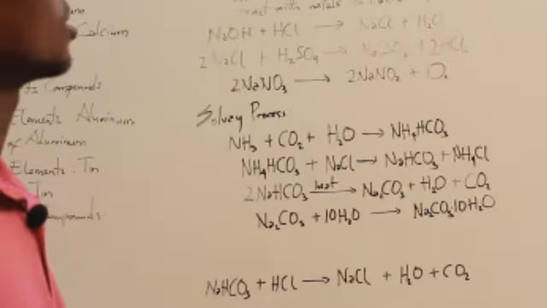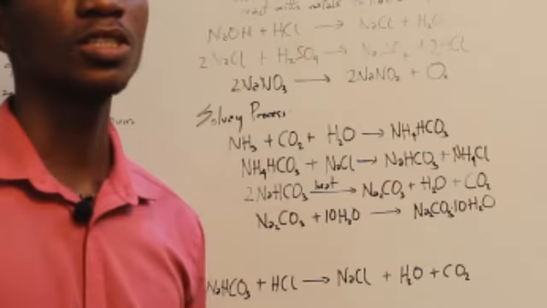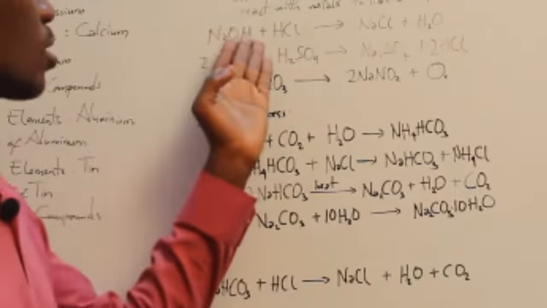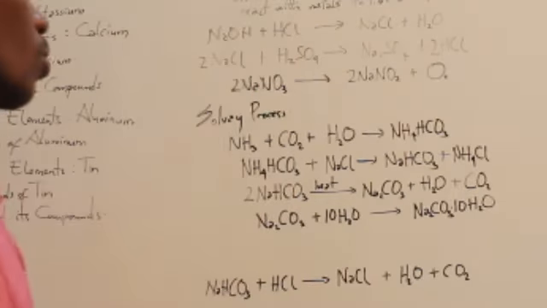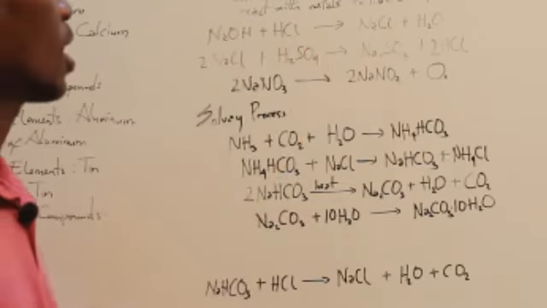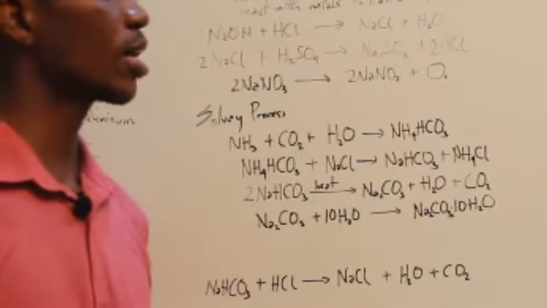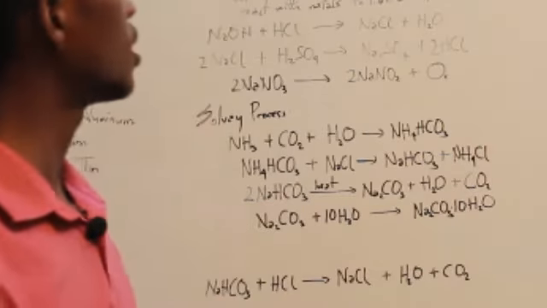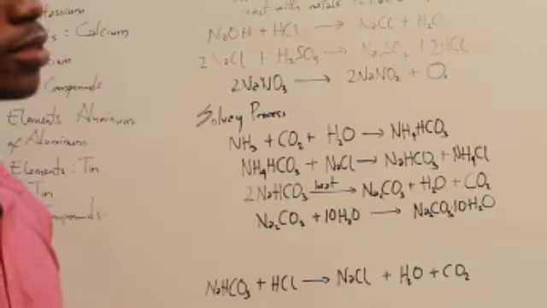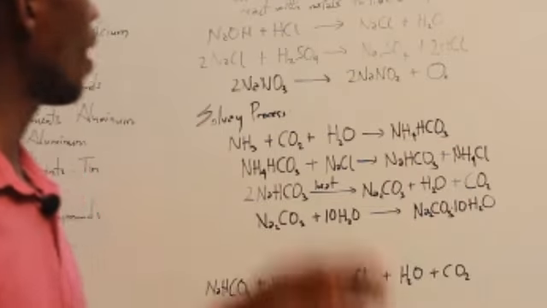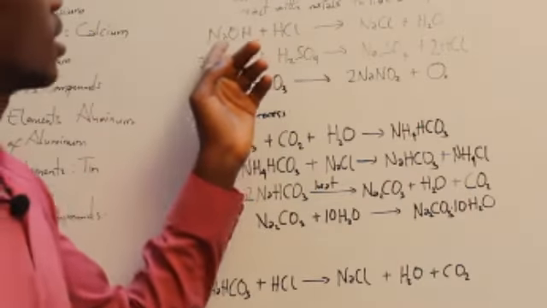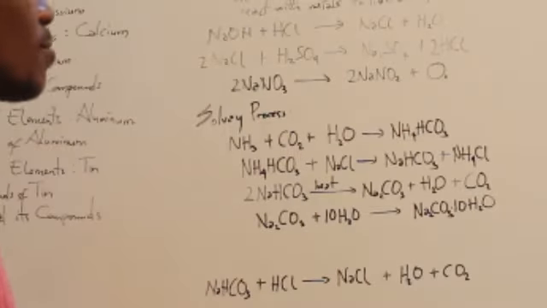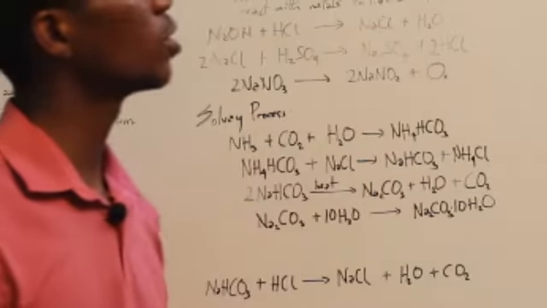Also, it reacts with metals to liberate hydrogen, just like other bases do. Obviously, it reacts with acids to produce salt and water, which depend on the acids. Now, let's quickly look at sodium chloride. Sodium chloride is produced by reacting the acid and the base, that is sodium hydroxide and hydrochloric acid. We react them together and we produce sodium chloride.